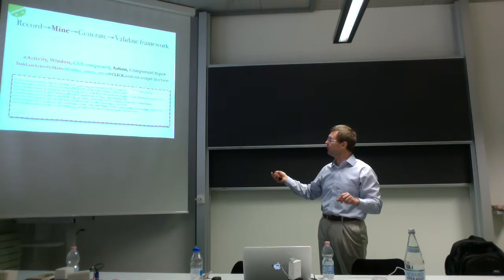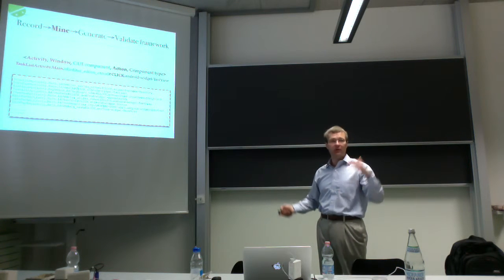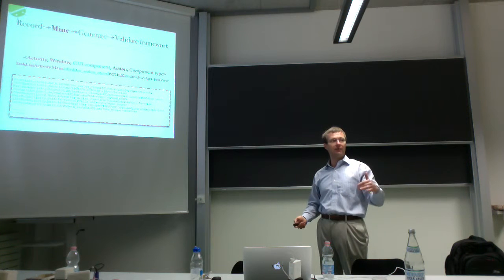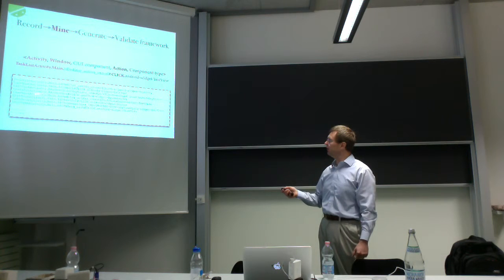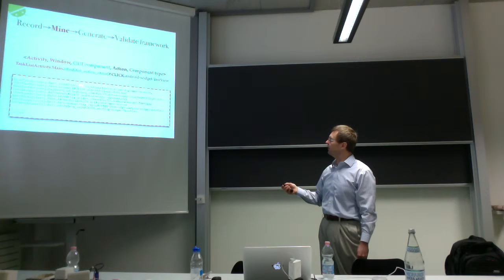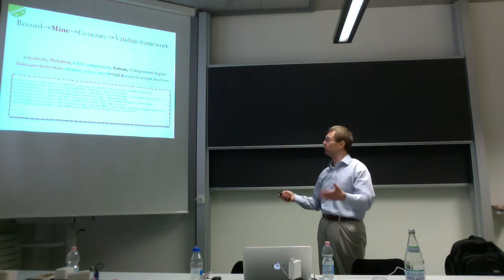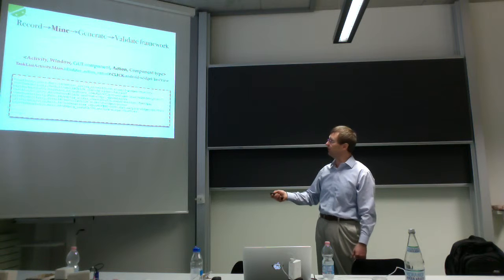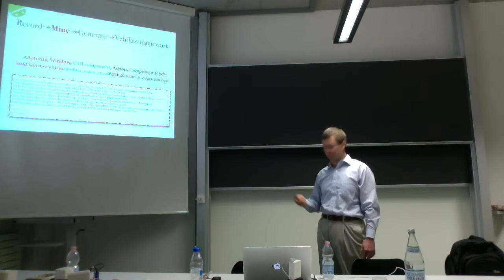So these are examples of these tuples. This is the data that we would like to get from this low-level event trace, okay? Which in this case is readable, and we can understand exactly what is happening here, right? We can say, yeah, we have main ID editor action cancel. We clicked on that widget which belongs in that window, which belongs in that activity. In this case, task list activity, right?